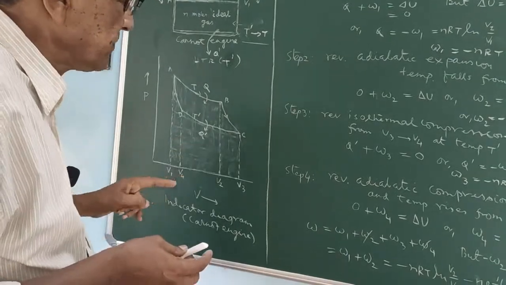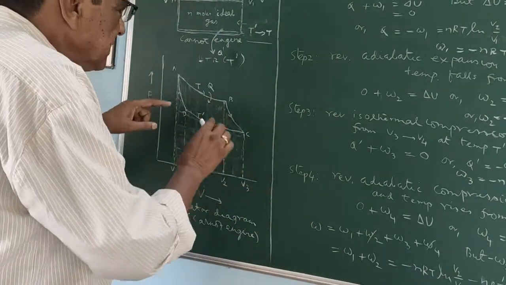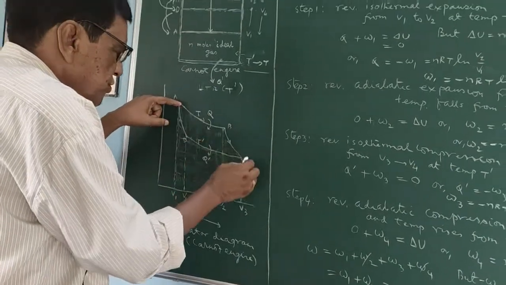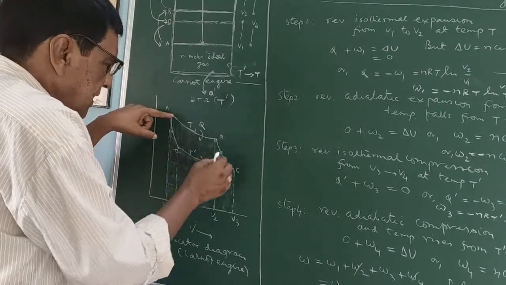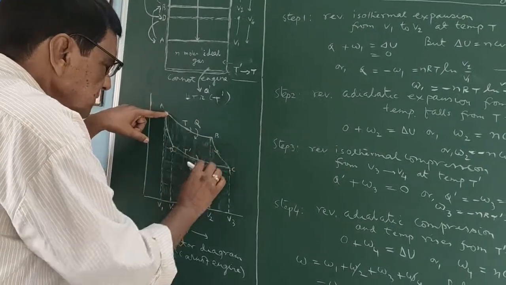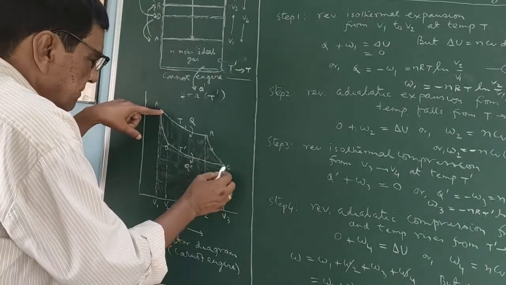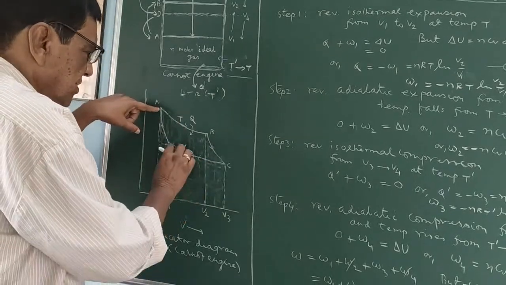So the net work will be the subtraction of the area A, B, C under this curve, the whole area, minus the area under this curve C, D, A due to this compression.